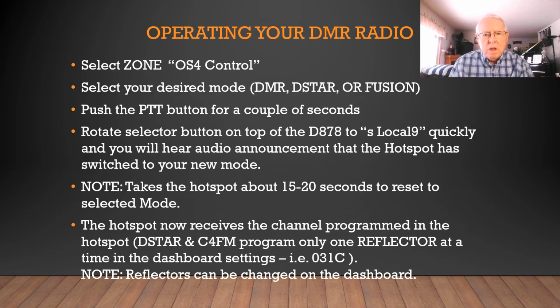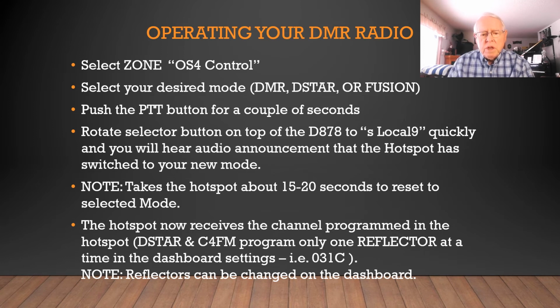Now let's take a look at the operation of your DMR radio for using this program that we've just entered into the code plug. First of all, you can select a zone on the 878 UV2 Plus by going to the zone that's titled OS4 Control.